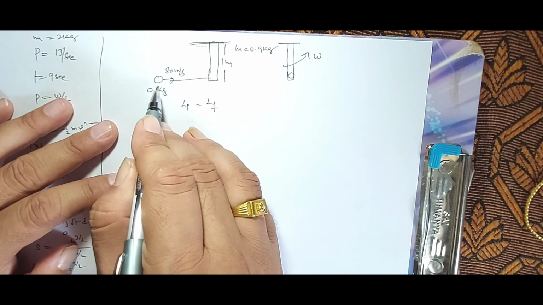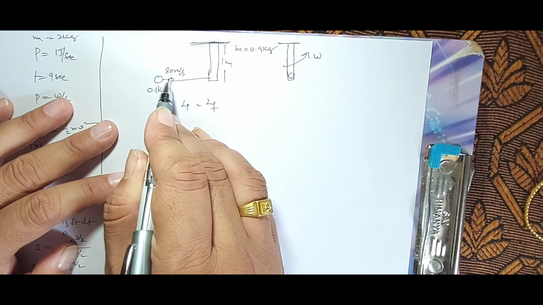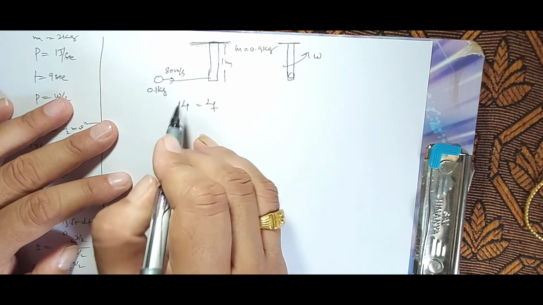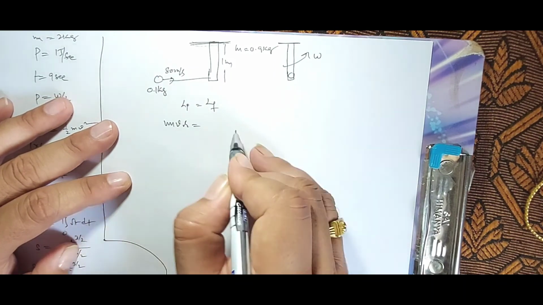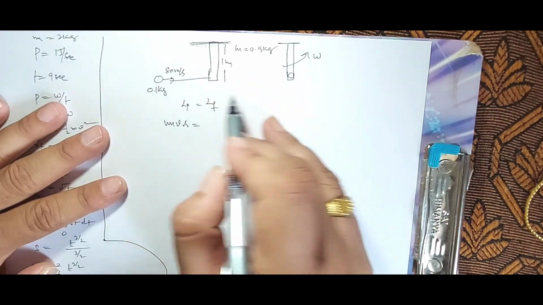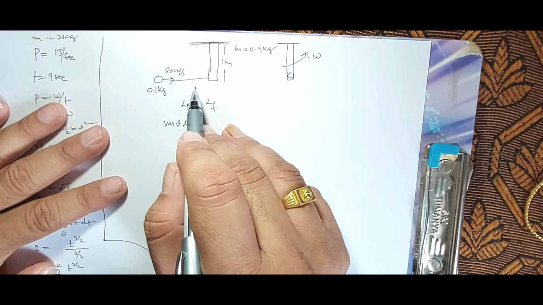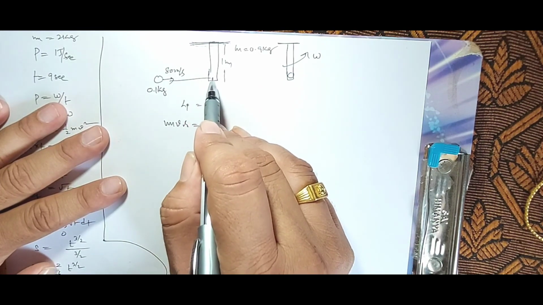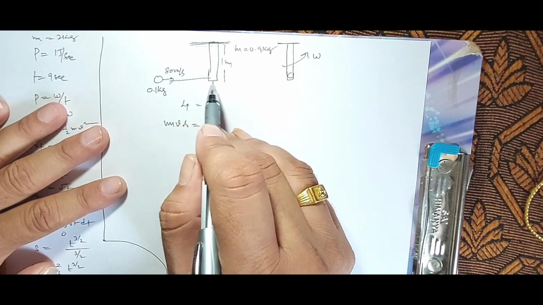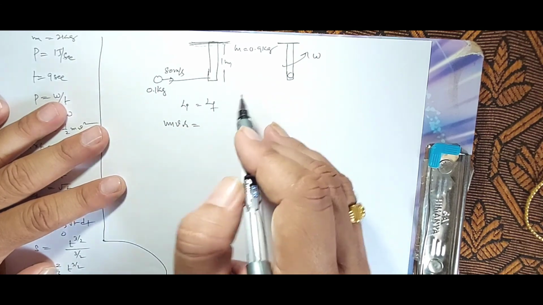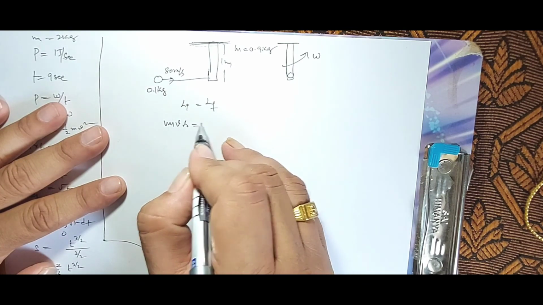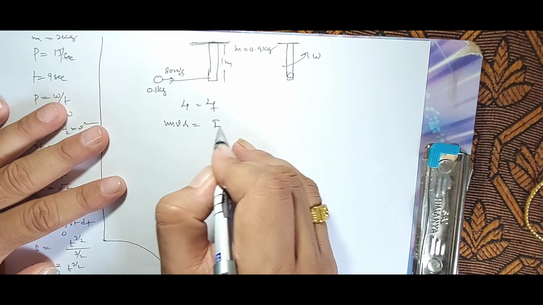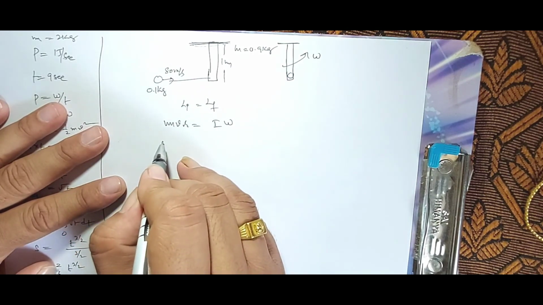Initially the particle is moving with velocity how much? 80 meter per second. mvr is equal to final. Whenever this particle collides with this rod, it sticks to the rod and both are moving with the common angular speed. So that is equal to I omega. mvr is equal to I omega.